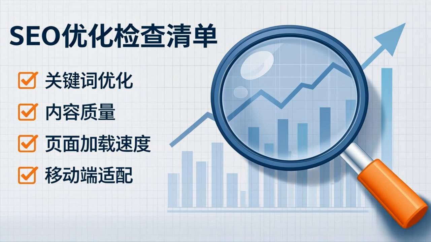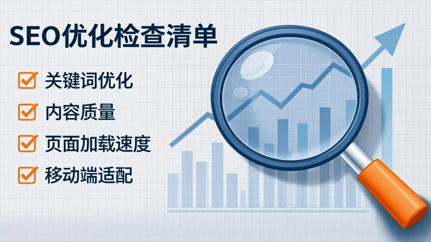Step 5. Optimize for search engines. Your beautiful website will not matter if nobody can find it. Here is the quick SEO list. Add a clear page title and meta description for every page.